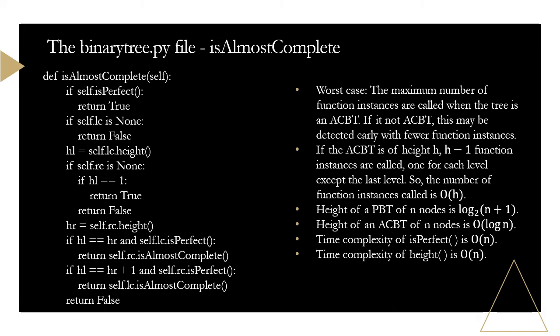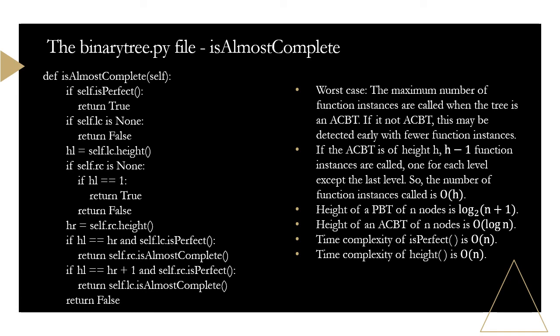When a single function instance is called, it calls these two functions, is perfect and height. Both of these functions have time complexity O(n). Sometimes it does not call these functions, then the function instance will take constant time.